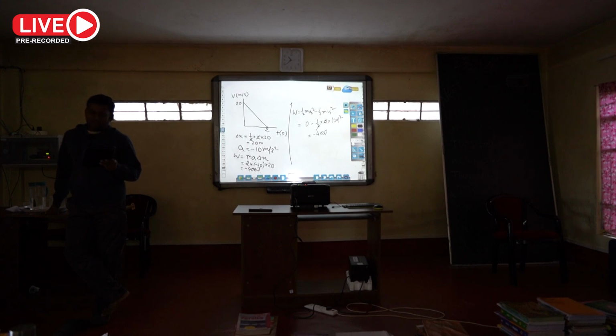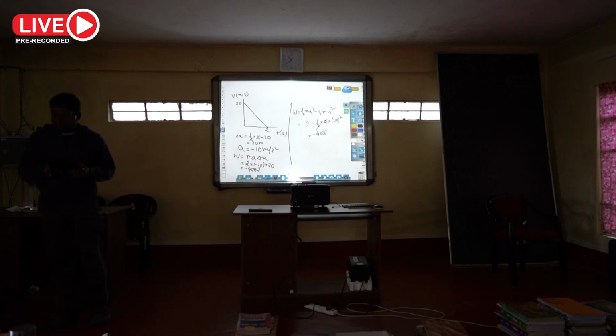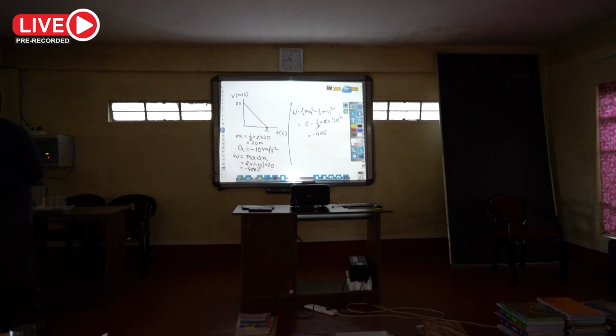The velocity of the particle varies with the displacement x as: option A, x to the power half; option B, x; option C, x square; option D, x to the power 1 by 3. It is D. Then how?